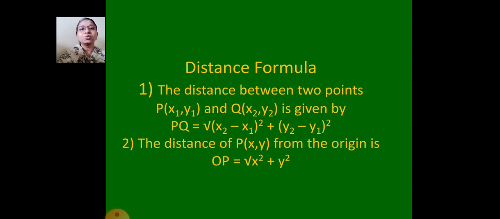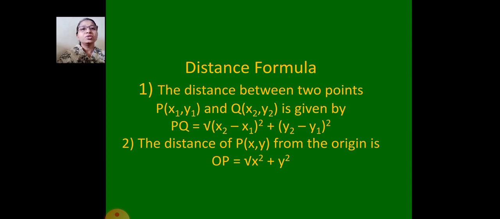Why O? Because origin is always denoted by letter O and the coordinates of origin are 0, 0. So therefore distance OP is equal to square root of x square plus y square, right?